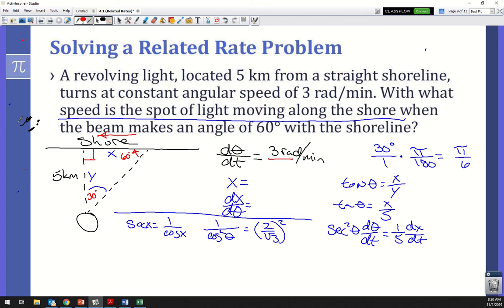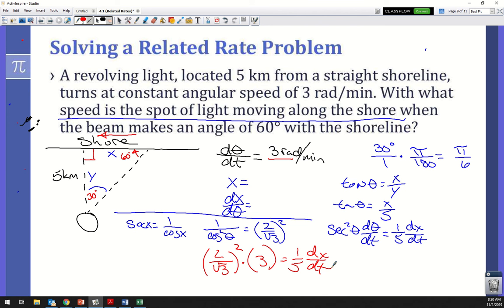So we're doing it again, so it's going to be 2 over rad 3 squared times 3 equals 1 over 5 times dx dt. So on the left hand side, I'm going to get 4 over 3. 4 over 3 times 3 is going to give me 4.